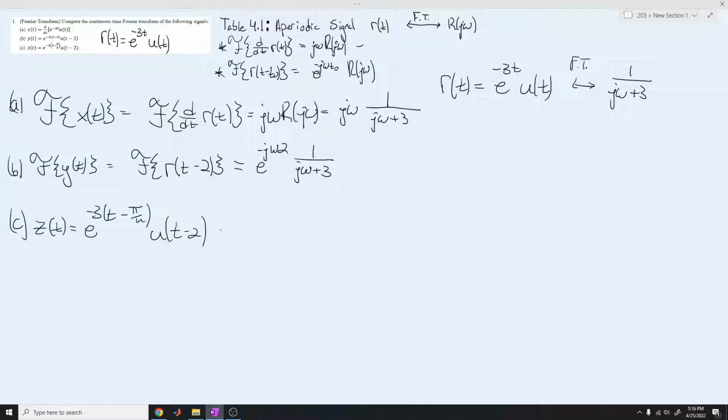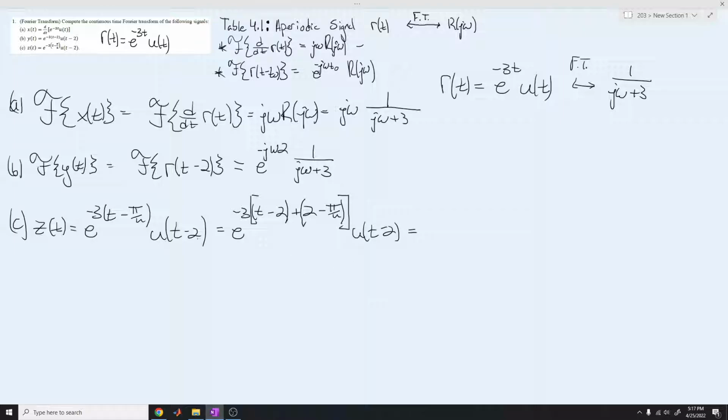So now we can rewrite this as e to the negative 3 times (t minus 2 plus 2) minus pi over 4. And I could actually do some double brackets here to make things clear. That's times u of t minus 2.